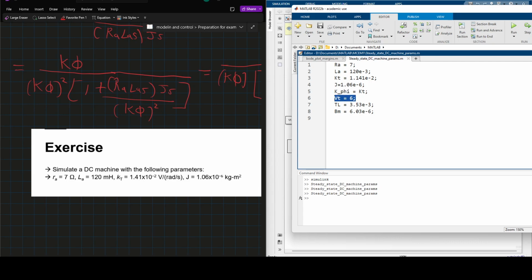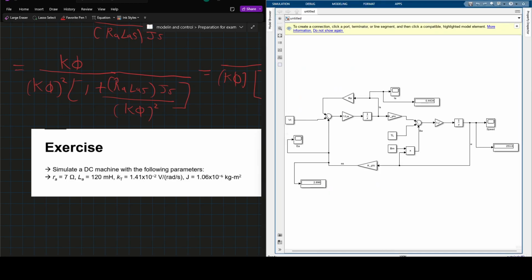I'm just using the terminal voltage of one of the exercises, and the same for the load torque and the friction coefficient that we did for one of the exercises. So now we can just run the, well, I already run it, and we can see our speeds, our back EMF, are not correct. I hope this helps.